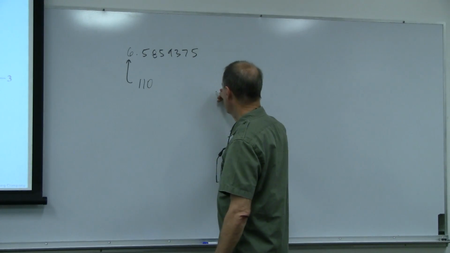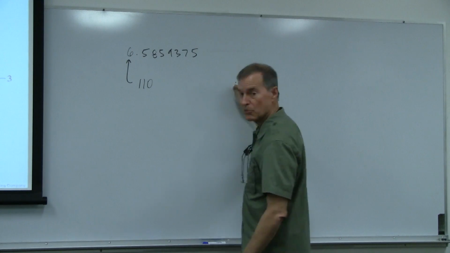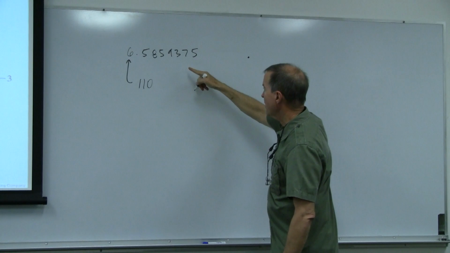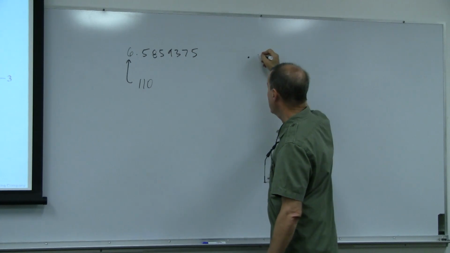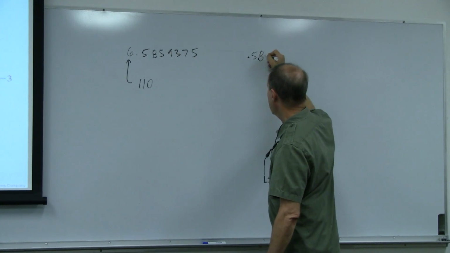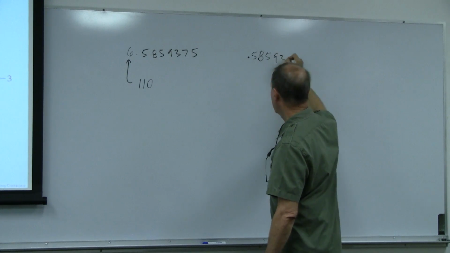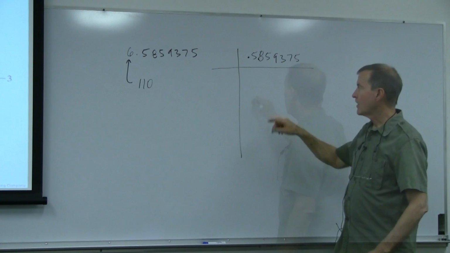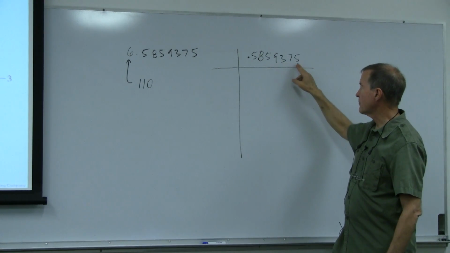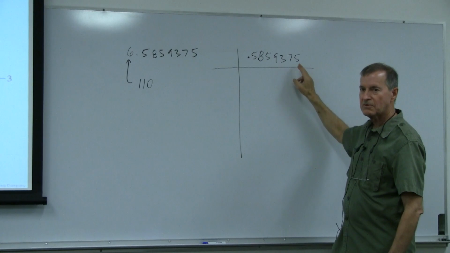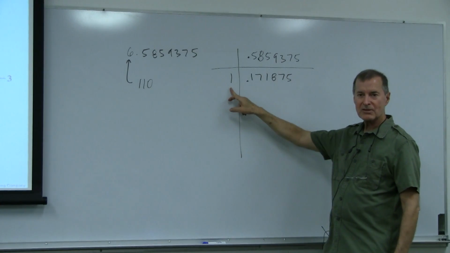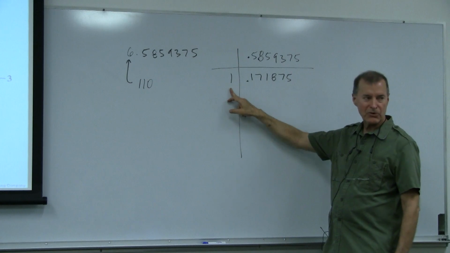Okay, so here's what you do. Watch how this works. We start off with 0.5859375. What is 0.5859375 times 2? So 1 point, right? And now what we do is put the number to the left of the decimal point over here.